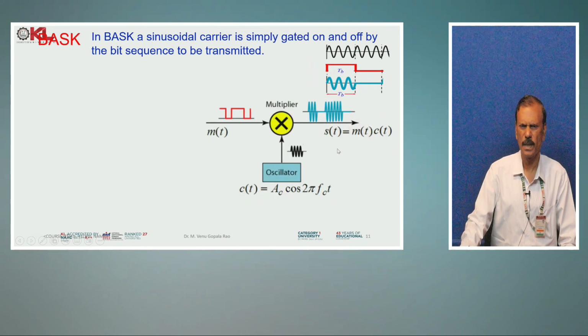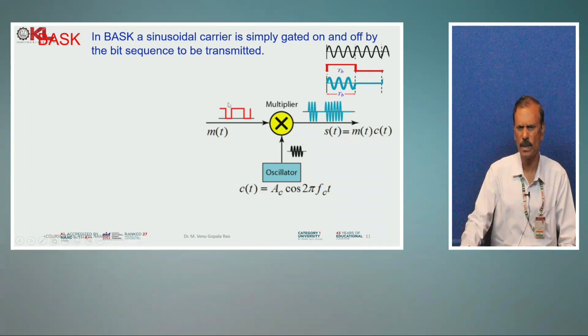The block schematic of binary amplitude shift keying is simply a multiplier, like in analog amplitude modulation. Here the modulating signal is in digital format and the carrier signal is in analog format, whereas in analog communication, amplitude modulation, both the modulating signal and carrier signal are analog.